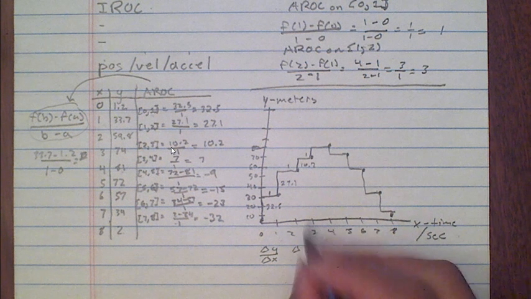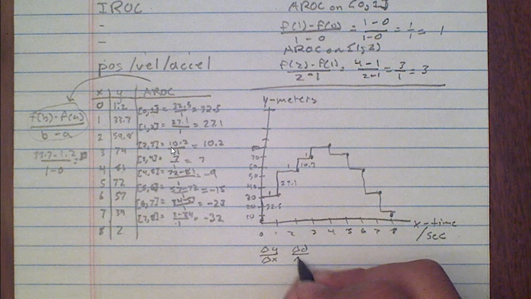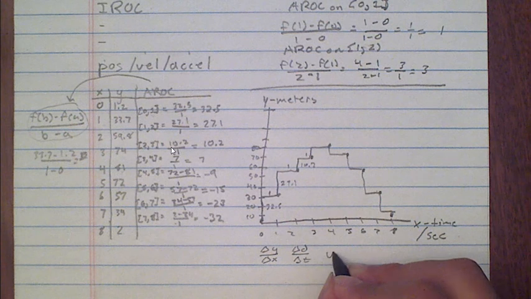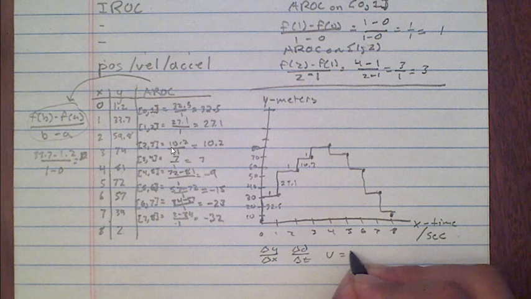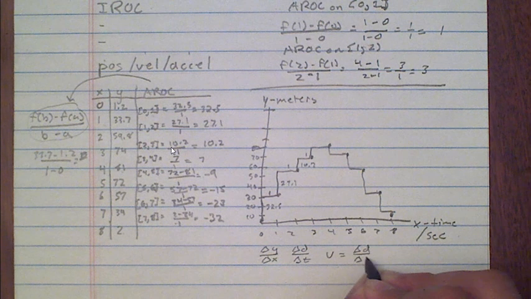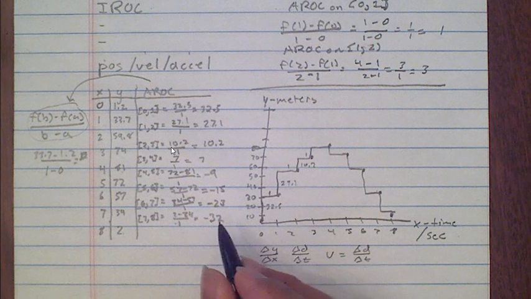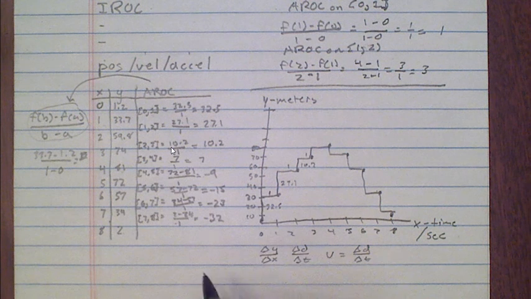So change in distance over change in time. And you physics folks, you know this is the velocity function. Velocity is equal to change in distance over change in time. And change in y over change in x, the rise over run, that's the average rate of change. The slope.